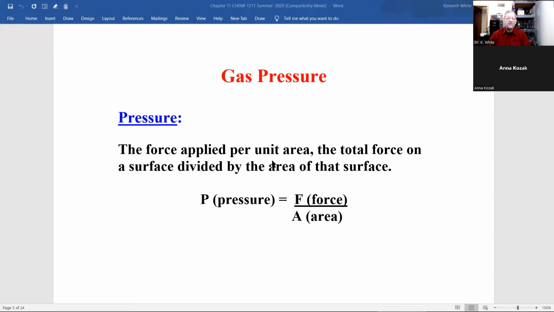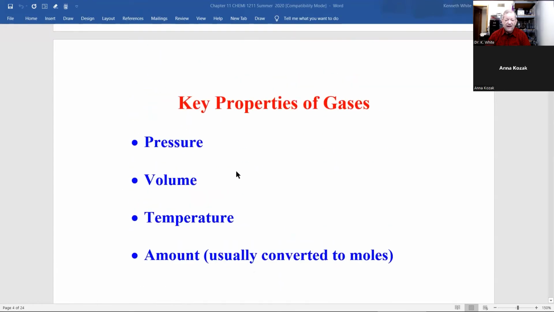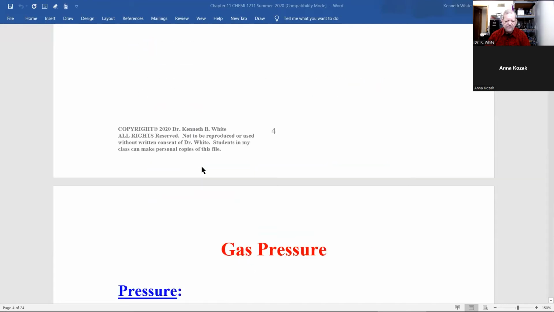All right, everybody see gas pressure on your screen right now? Oh, thank you, Anna. All right, now on Monday, I was talking about gases, and one of the important key properties of gases is the pressure.